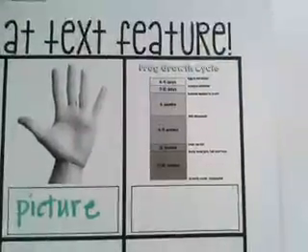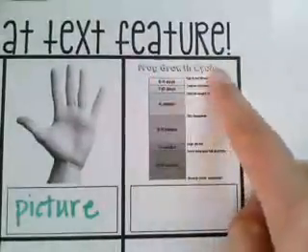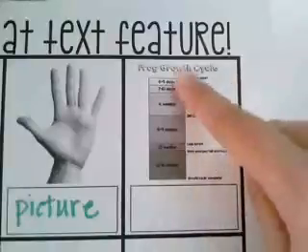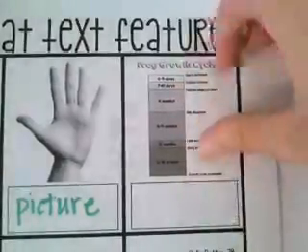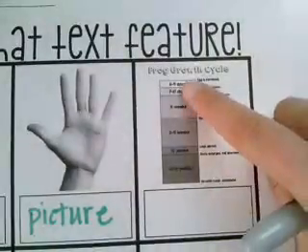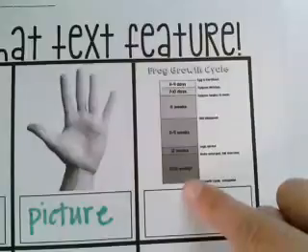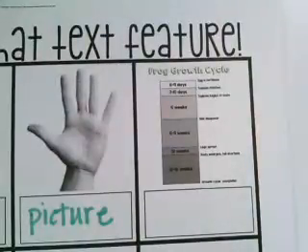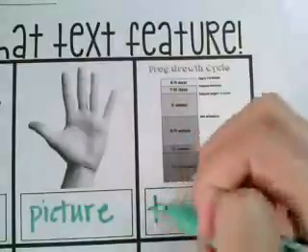Okay, our third one we have, it says frog growth cycle, and it gives a little chart or graph. It has the days and weeks and what is happening. So it starts at the oldest and then the most current. This is kind of a tricky one. Usually they go from left to right. This is a timeline.